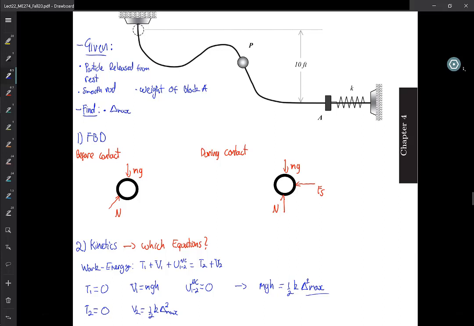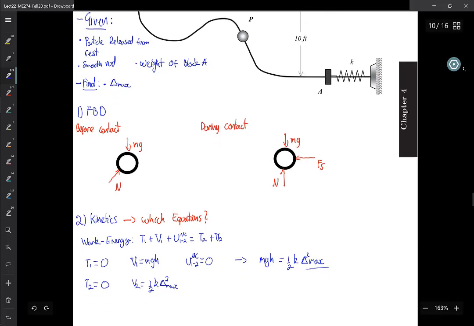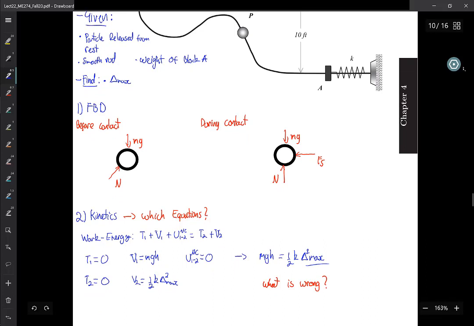I mean, it's okay. Sometimes it's like that, but we need to take a closer look at what's going on. So what's wrong? Why don't you get your 20 points? The masses are stuck together, right? What else? You didn't account for the conservation of momentum. Yeah, I mean, there is a collision.